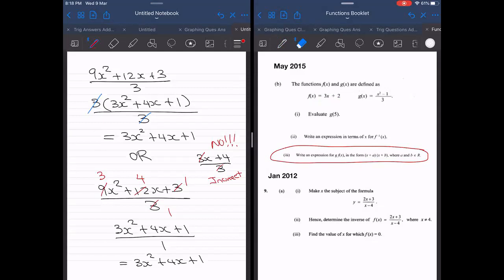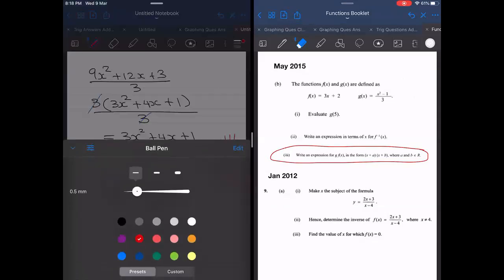I'm trying to do it in portions so that you're catching it every step of the way. Again, guys, the class is very, very silent today.